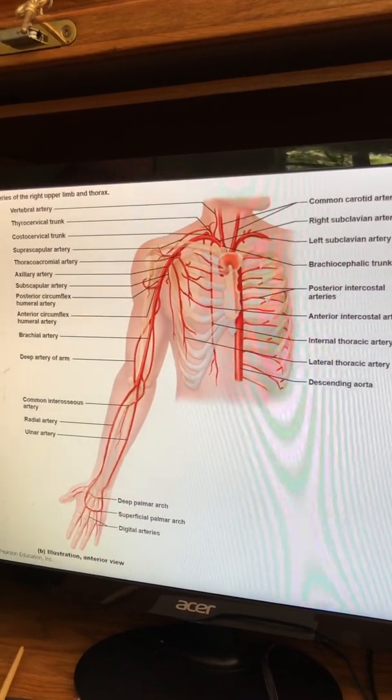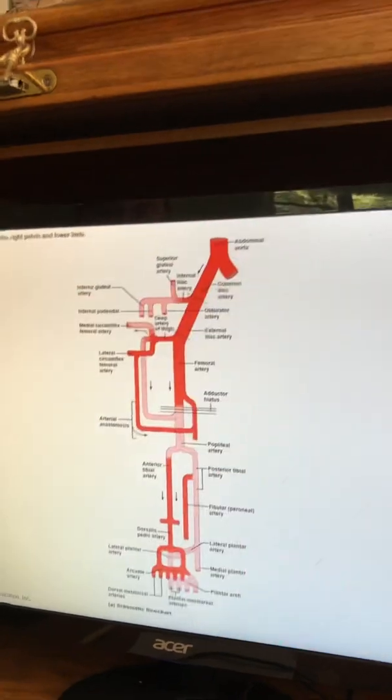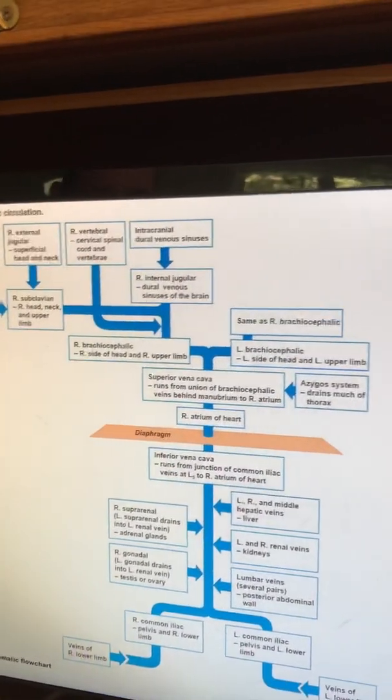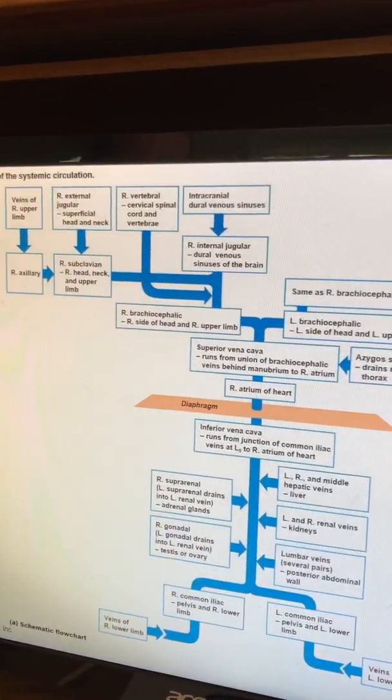The return trip is a little bit different, and I'm just going to move ahead so that you can see that. Same thing, I'm going to have the flow chart. So remember, these are flowing back to the heart.